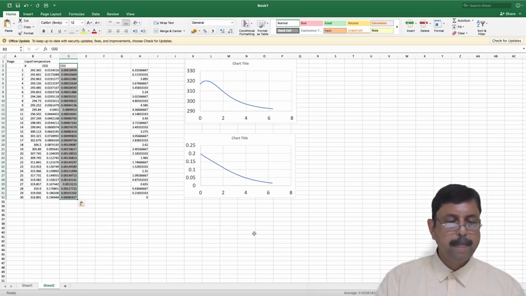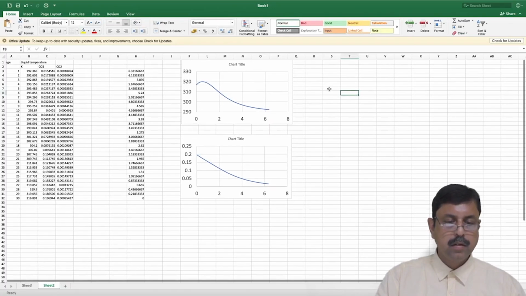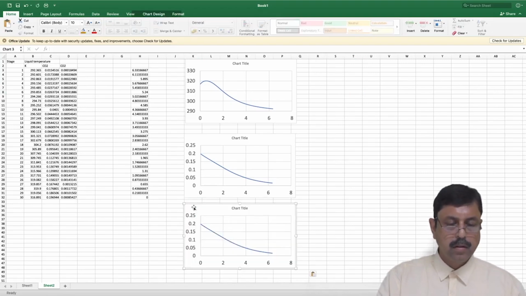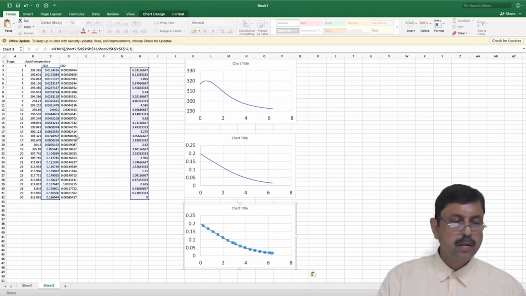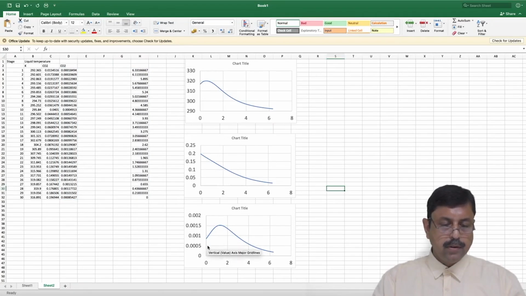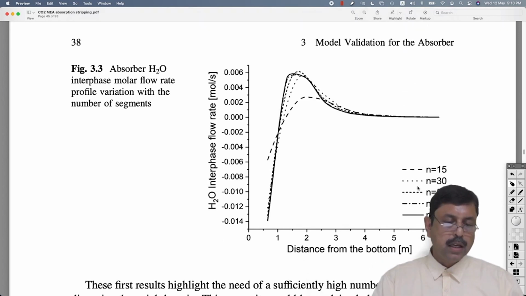Press. So instead of this one, write like this, yeah. So this is a bell-shaped curve, yeah. Trend is identical. This is the H2O interface flow rate.